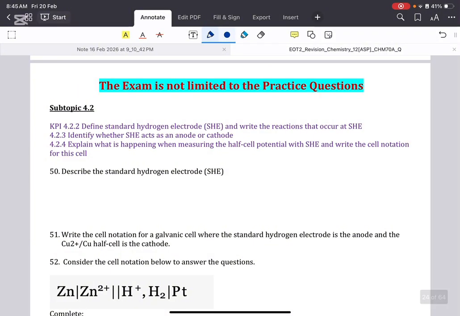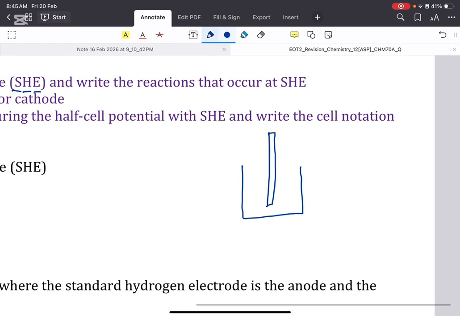Now moving on to the standard hydrogen electrode. The standard hydrogen electrode is a simple one. You just have to know how to describe it. So I have a half cell in which there's a platinum wire, a platinum electrode, because this one involves the transfer of electrons between a solution and a gas.